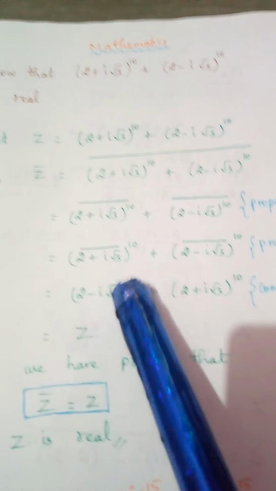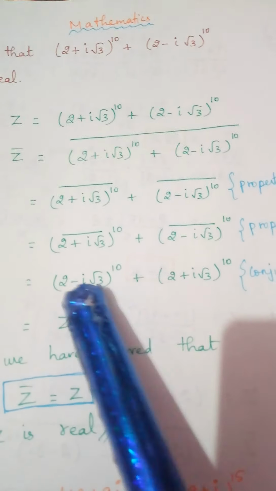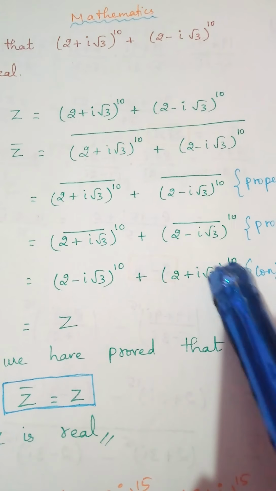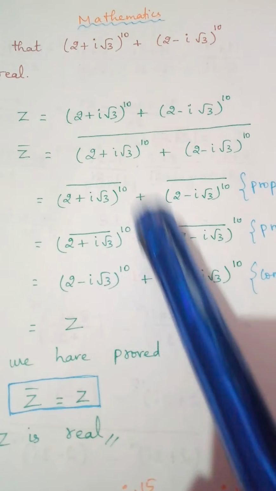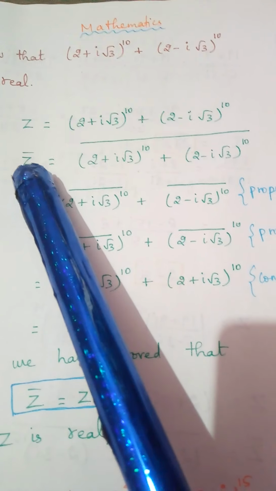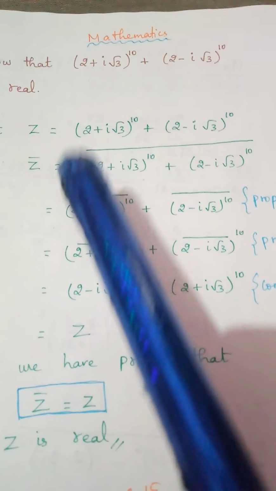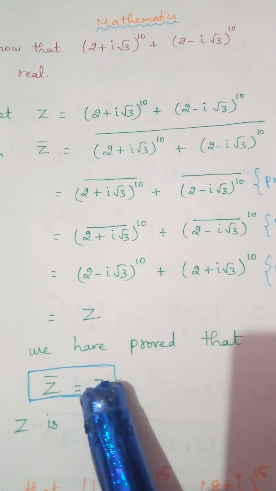Z. So this is nothing but Z from the first line, and this can be entirely rewritten as Z. Now what we have proved: we started with Z bar, and while calculating Z bar, we got Z. So we have proved that Z bar is equal to Z.